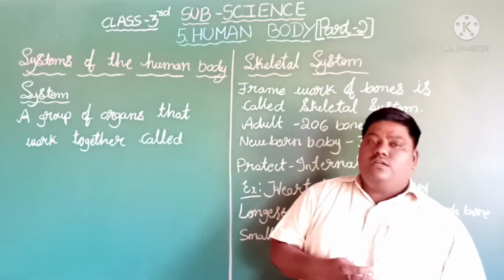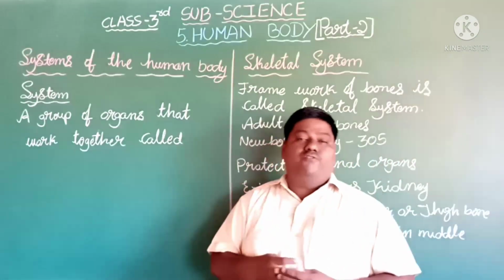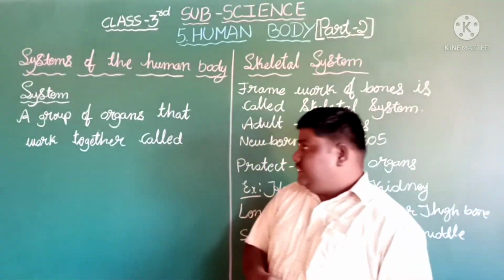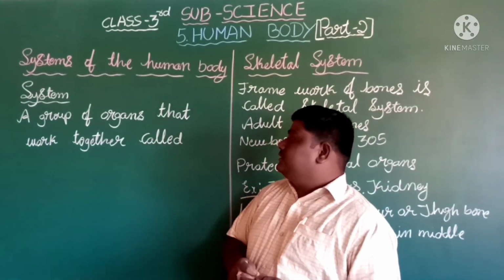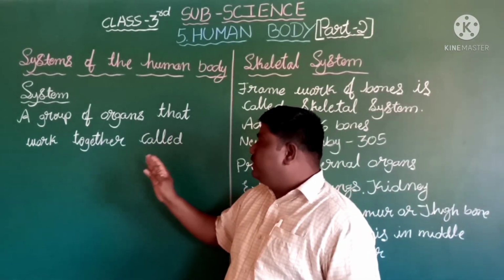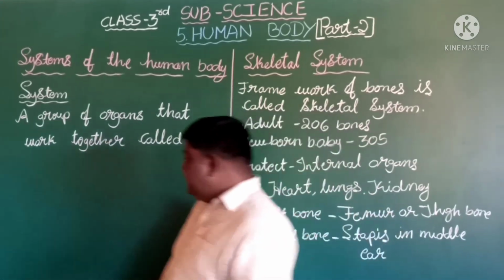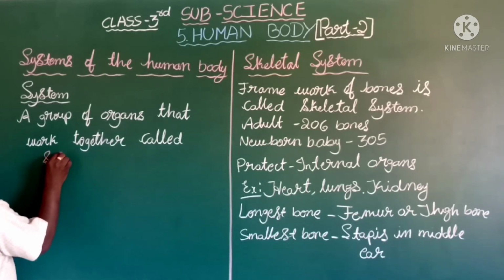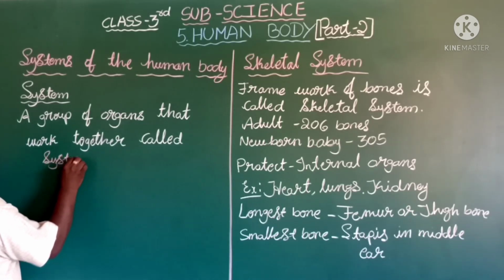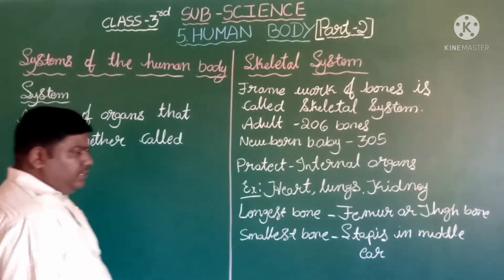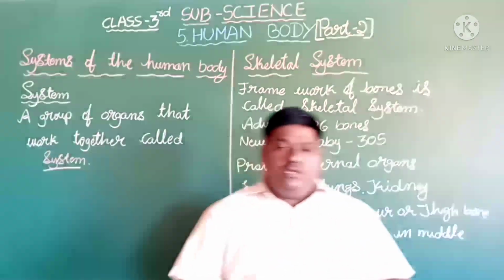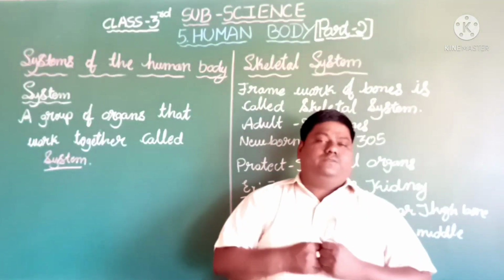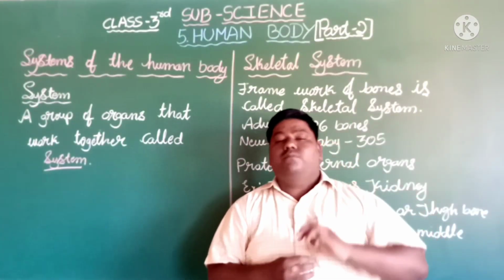Now we are going to learn once again what is the meaning of organ system or system. A group of organs that work together is called a system. In a system, some organs are included and they perform work.